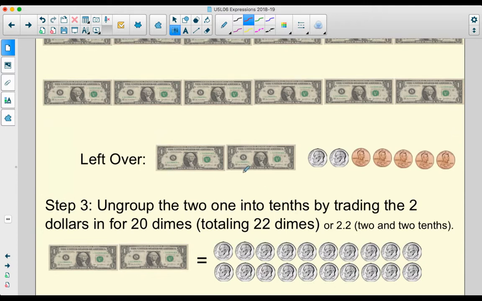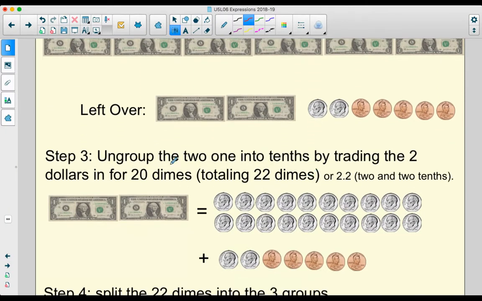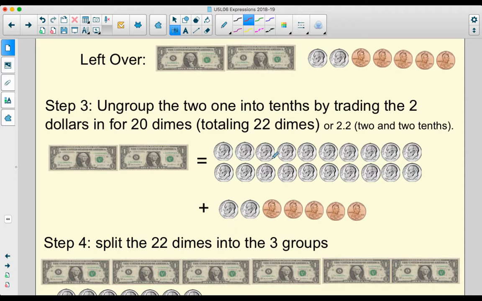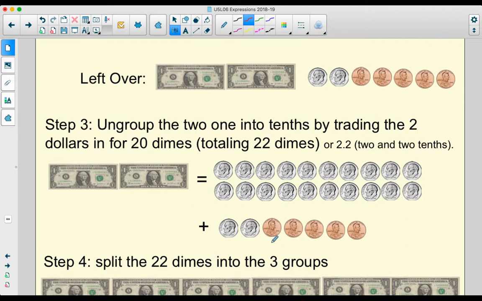Now, with the leftover, I have 2 ones, 2 tenths or 2 dimes, and 5 pennies. So now I can ungroup the 2 ones into tenths by trading the $2 in for 20 dimes, giving me a total of 22 dimes, or 22 tenths. Now I'm going to split the 22 dimes into 3 groups. Well, 22 divided by 3 would be 7 each.